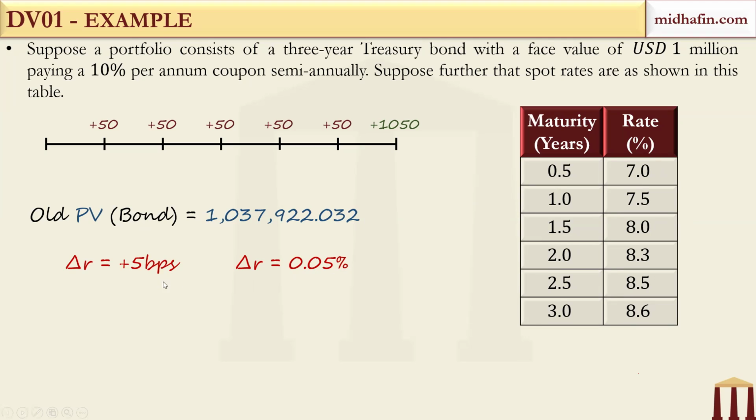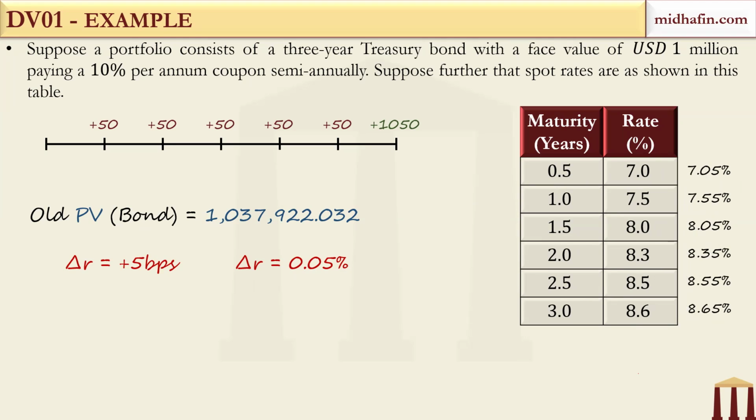So I have delta R of plus 5 basis points. My new rates will be: the first rate, the half-year rate, will be 7% plus 0.05%, that is 7.05%. Similarly, all other rates become 7.5 to 7.55, 8.0 to 8.05, 8.3 to 8.35, and so on. Now using these increased rates, I will estimate the value of the bond once again.